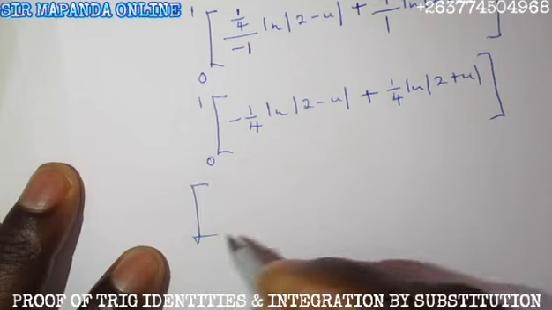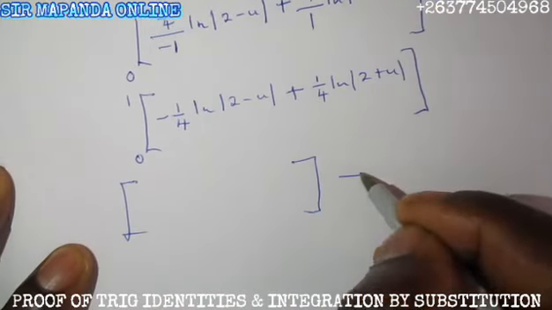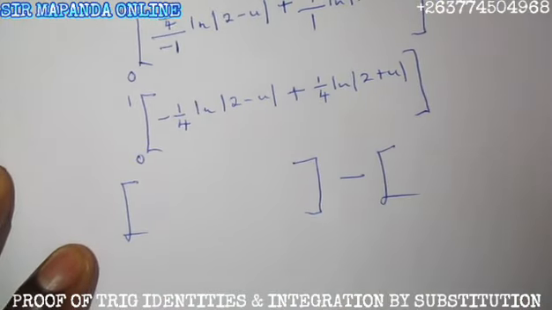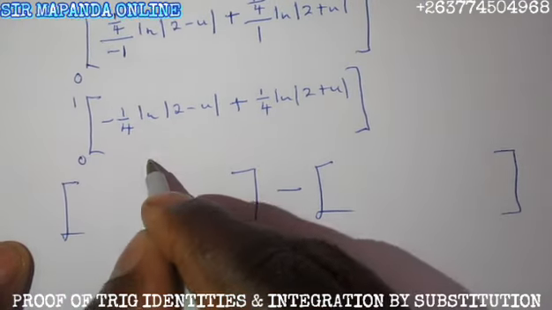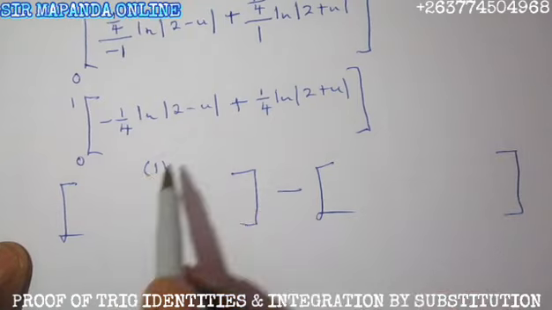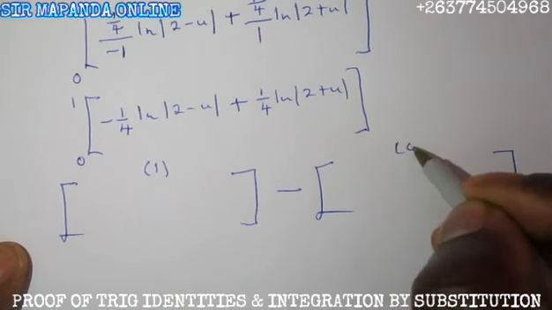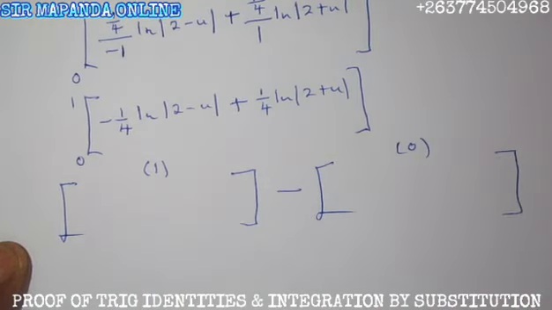So it's now bracket minus bracket, so that we substitute the limits. In the first bracket, we are going to put 1 on u. In the second bracket, we are going to put 0, the lower limit, on u.